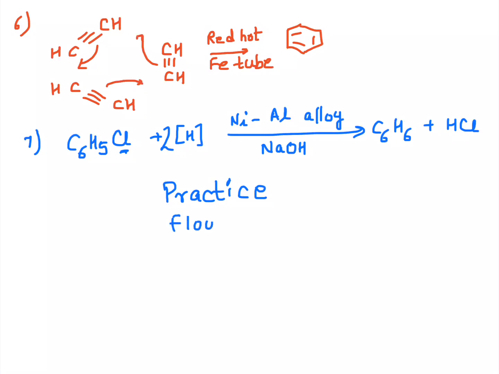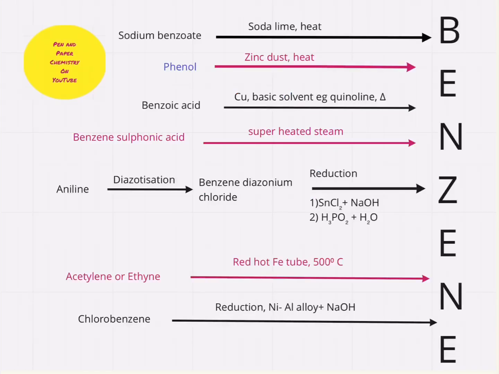Keep the flow chart with you. The chart that I have given you over here, it will be good if you can draw this flow chart with felt tip pens or colored crayons, right? Now, the benefit of this flow chart is you can answer different types of questions. Like, first, I can ask you how to convert phenol to benzene. So you will remember the reagent over here.